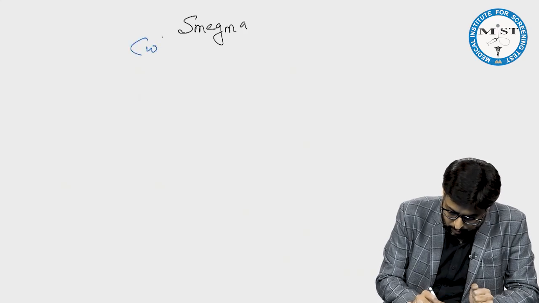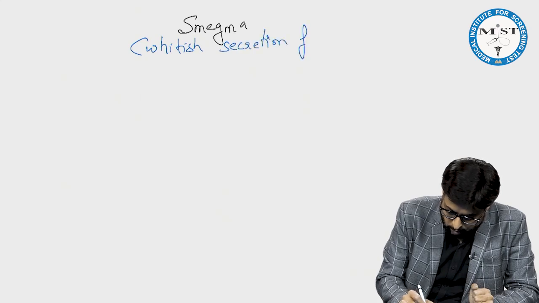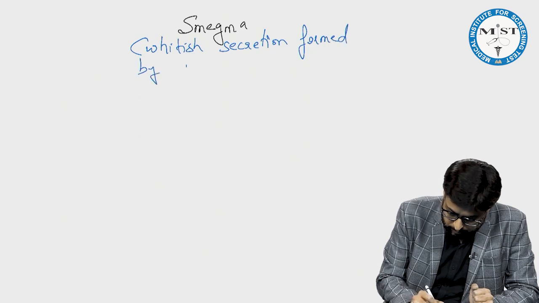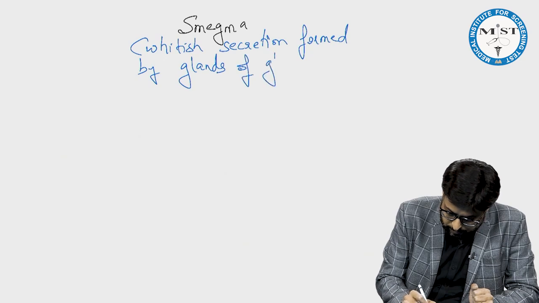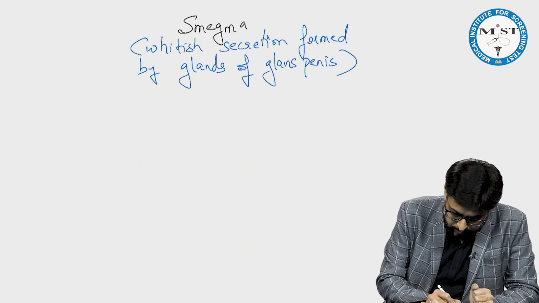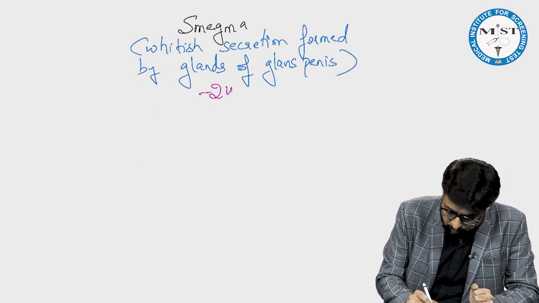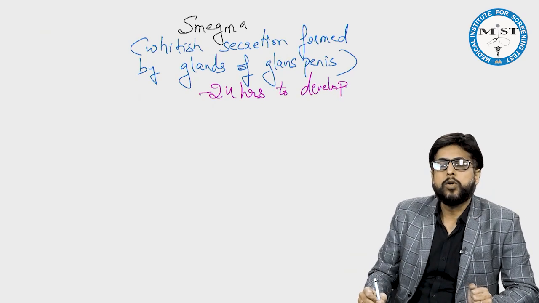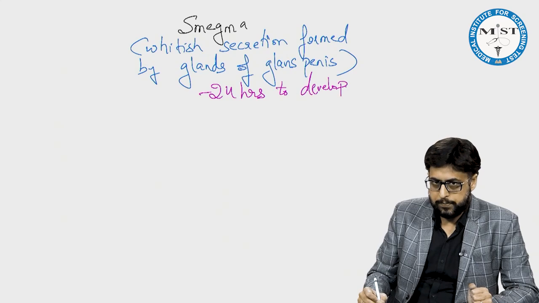Smegma is a whitish secretion formed by glands of the glans penis, and it takes about 24 hours to develop.